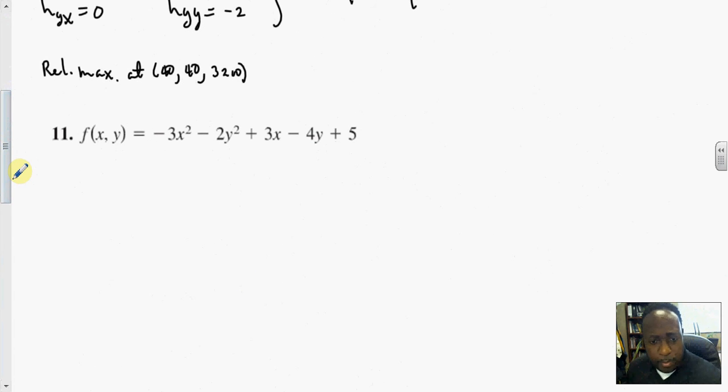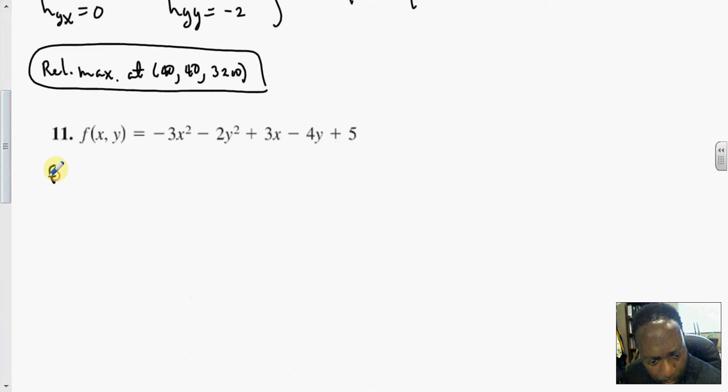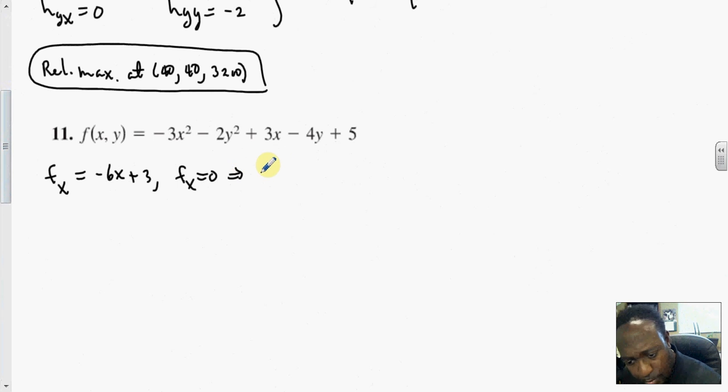The next problem, we find the critical point. Now, if you set this equal to 0, this implies that negative 6x plus 3 is equal to 0.